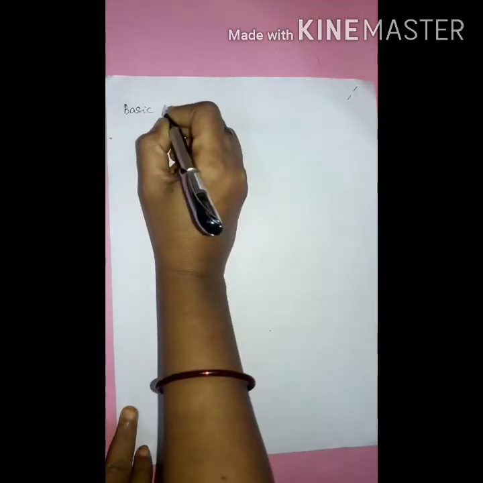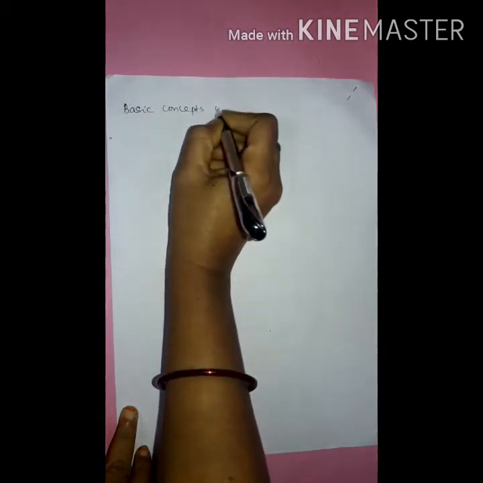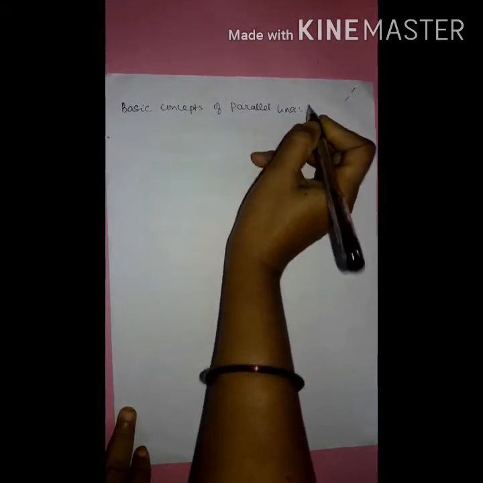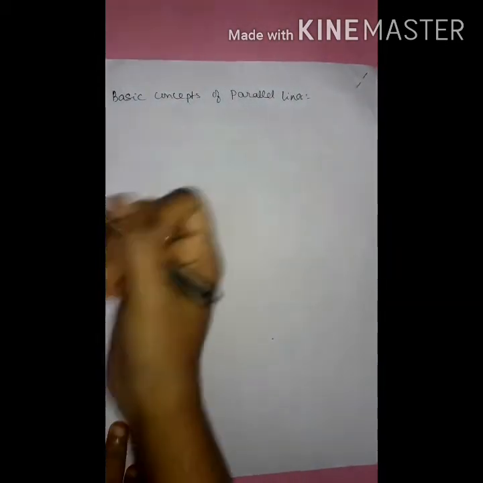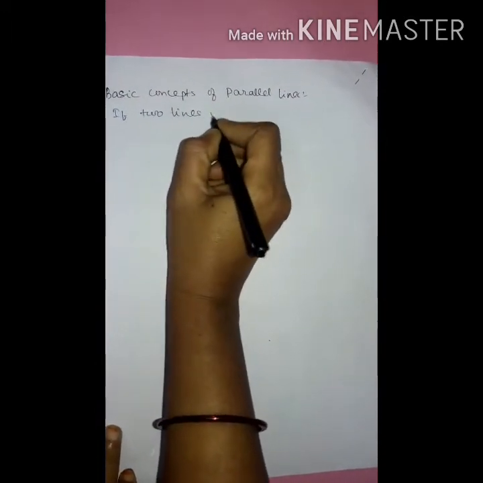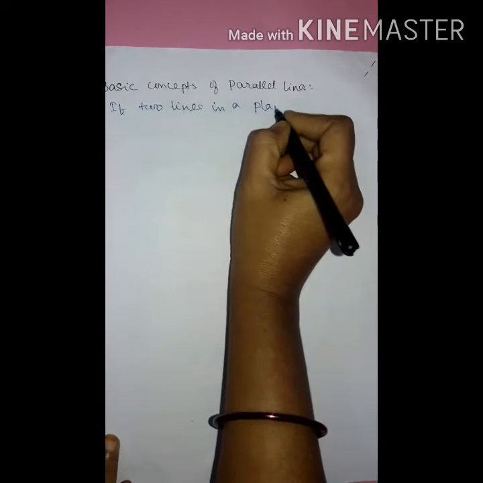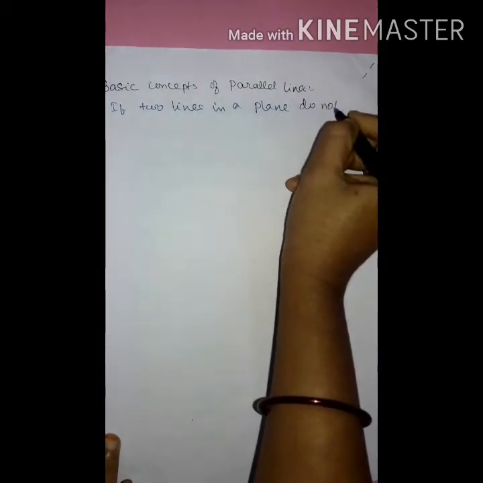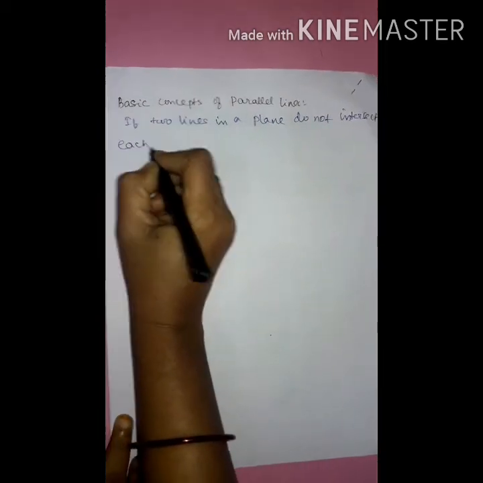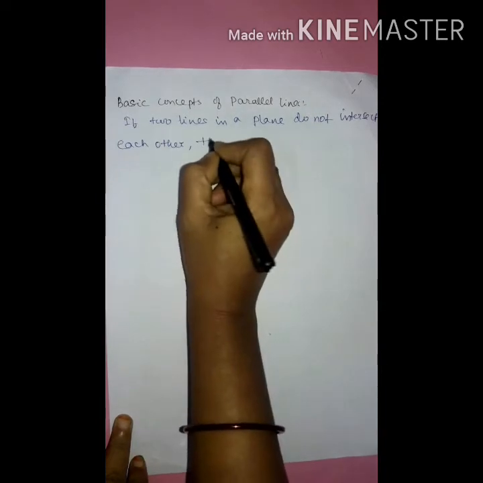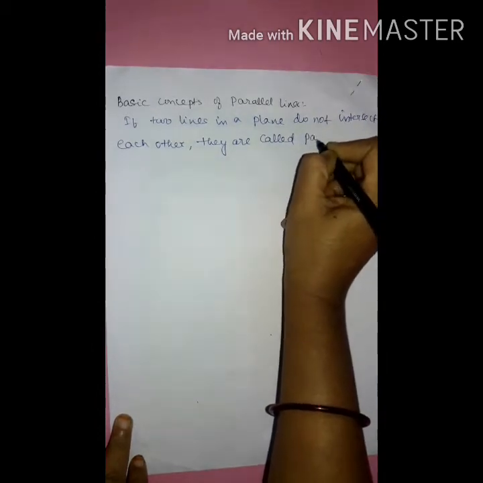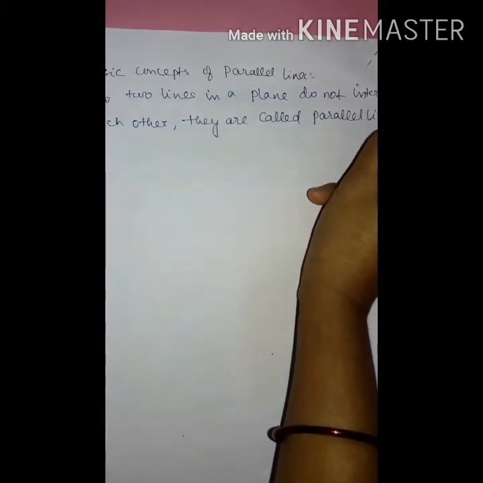Basic concepts of parallel lines. If two lines in a plane do not intersect each other, they are called parallel lines.